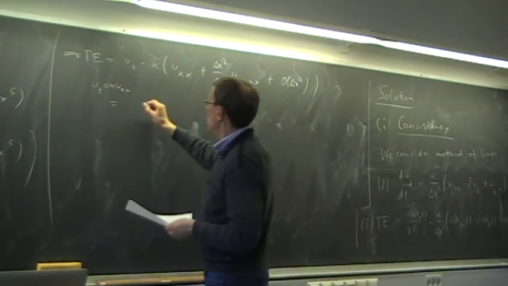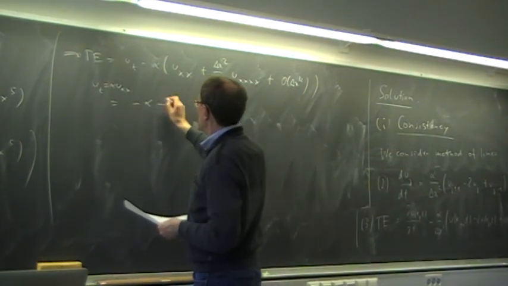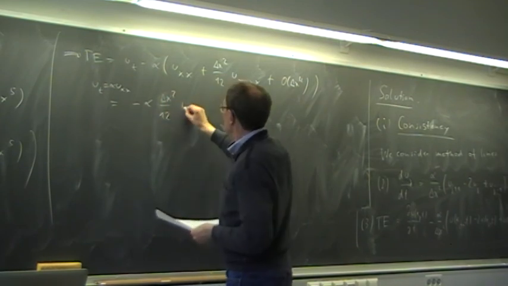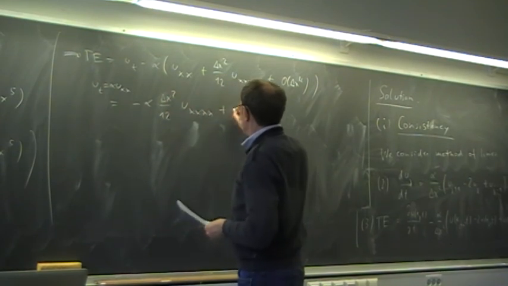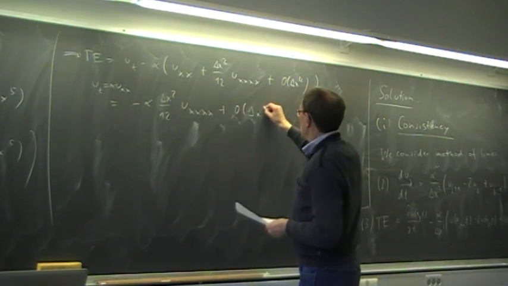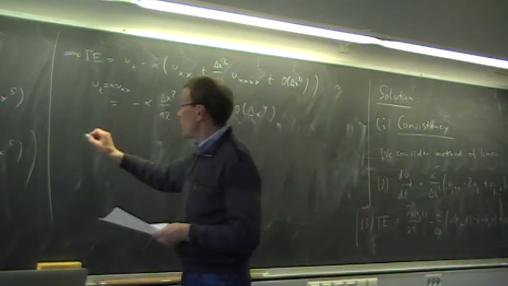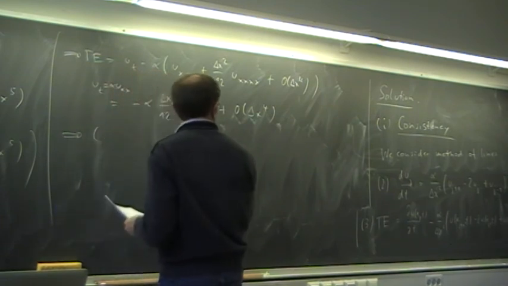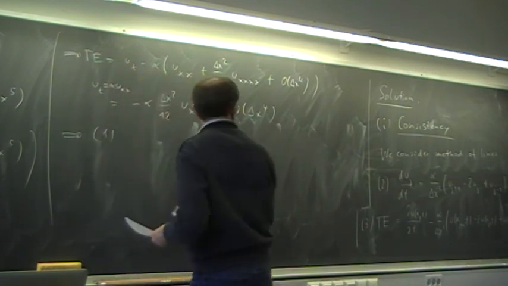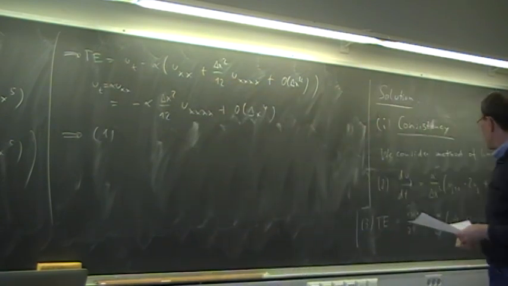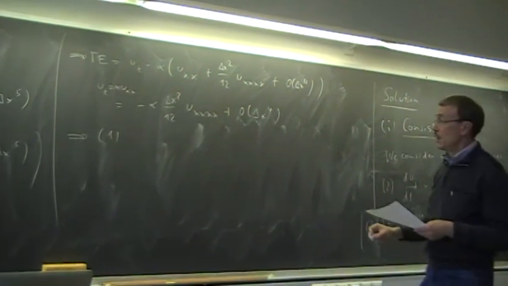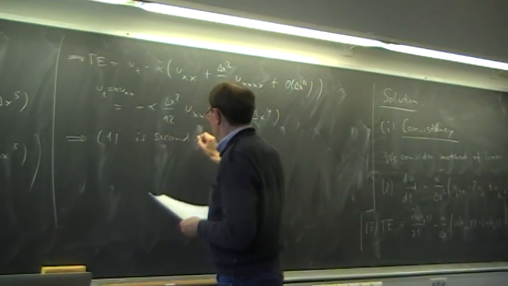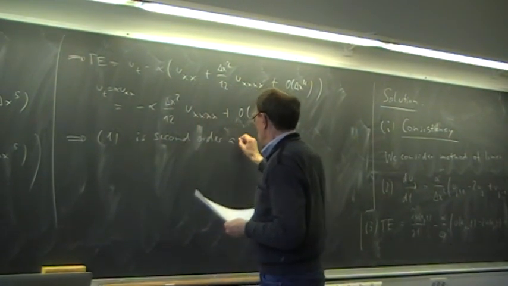We then get minus alpha delta x squared over 12 times the fourth derivative, plus order delta x to the power 4. So this method is second order accurate in space.